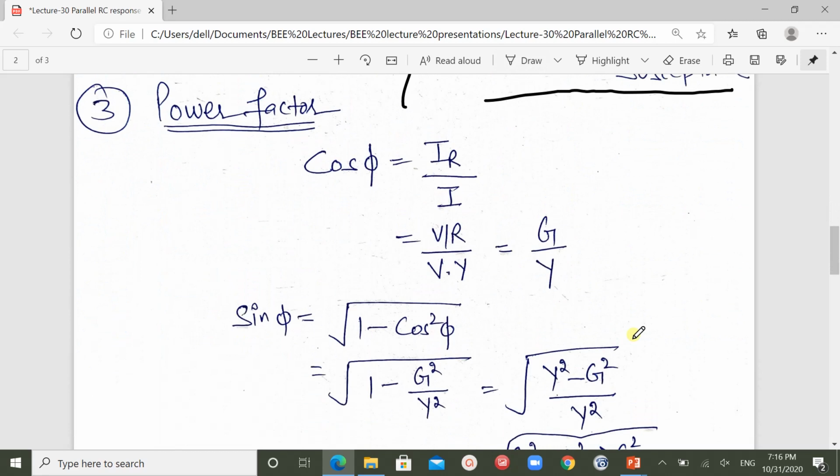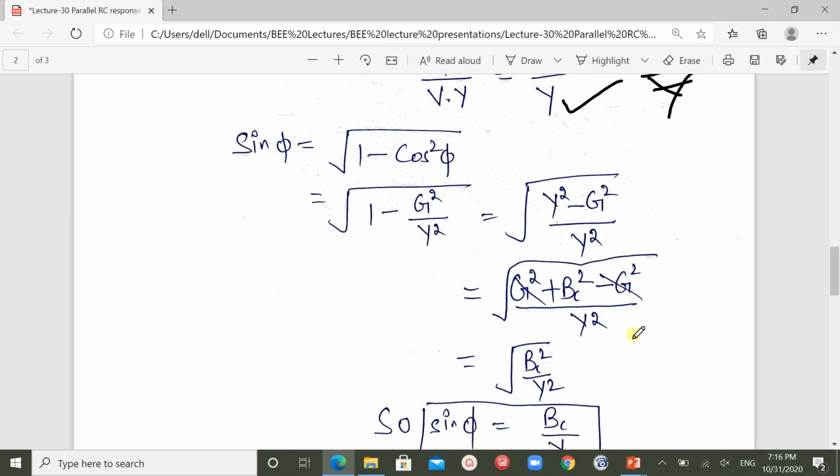Cos phi is equal to IR upon I. IR we know is V by R, and total current is V into Y. So V cancels out, and 1 upon R is equal to G, upon Y. So cos phi is equal to G upon Y. Then sin phi is equal to under root 1 minus cos square phi.